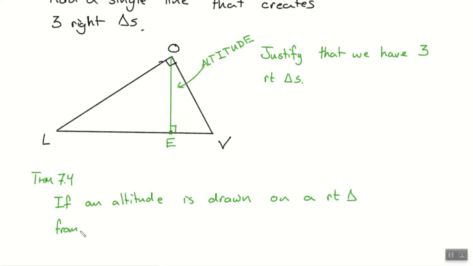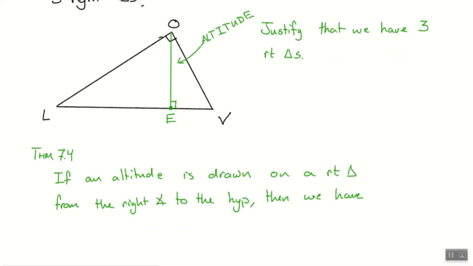If an altitude is drawn on a right triangle from the right angle to the hypotenuse, which I'll shorthand as hype, is that exactly what we have drawn here? Yeah, I think so. If this happens, then we have how many similar triangles? 3 similar triangles formed.